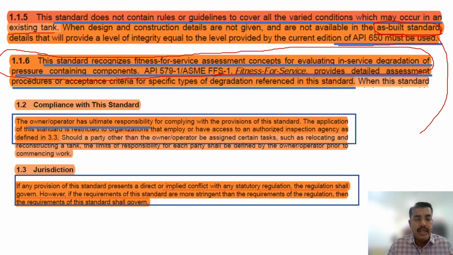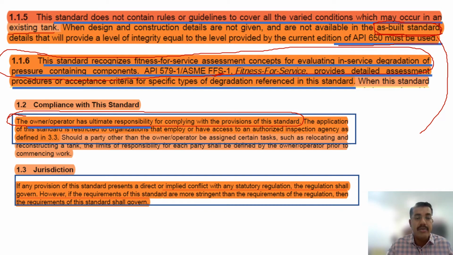Compliance with the standard. The owner or operator has ultimate responsibility for complying with the provisions of the standards. There is a difference between API 650 and API 653. API 650 is construction of the tank, but API 653 is inspection of the tank. So when it is the inspection, at that time there is no manufacturer. At that time in 650, the responsibility was for manufacturer.